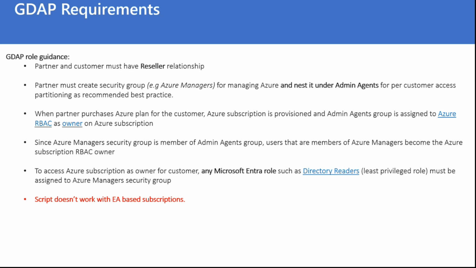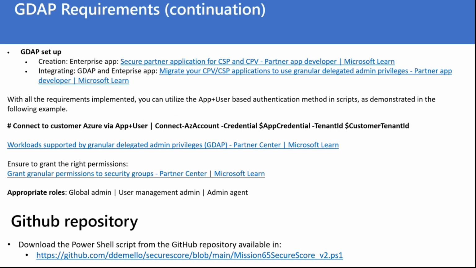In this case, please work directly with your customer. Give them access to the script, and once the customer is able to run the script, get the results and work with them accordingly. This is only a continuation from GDAP.